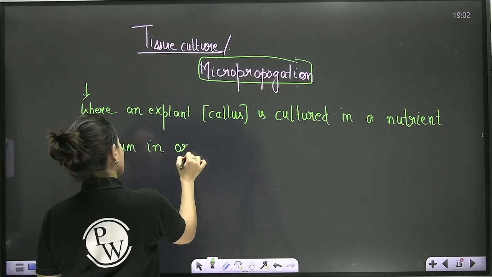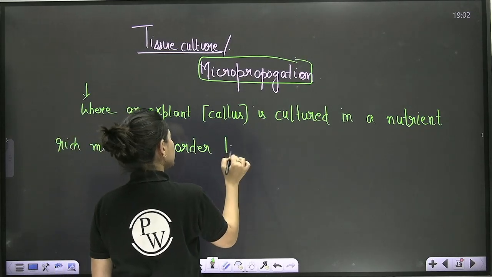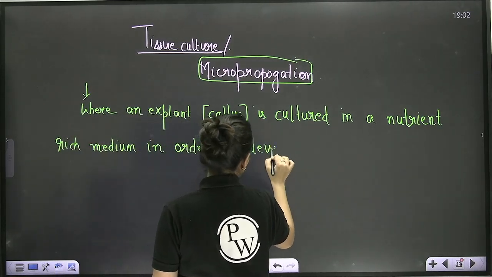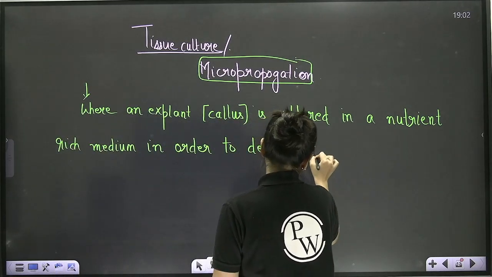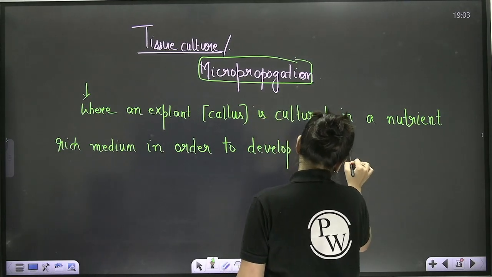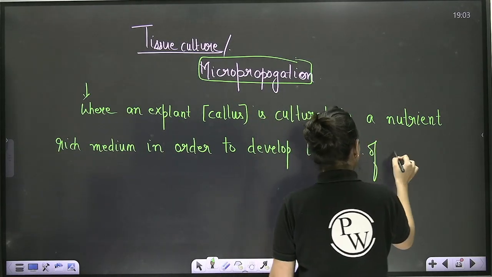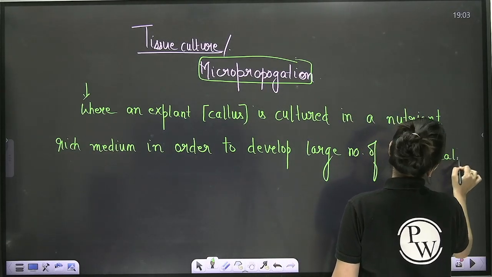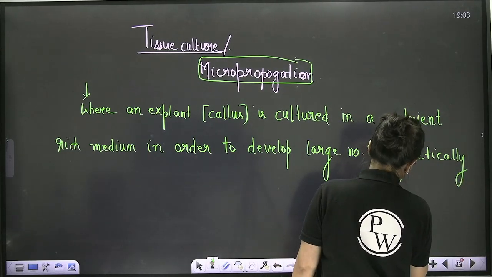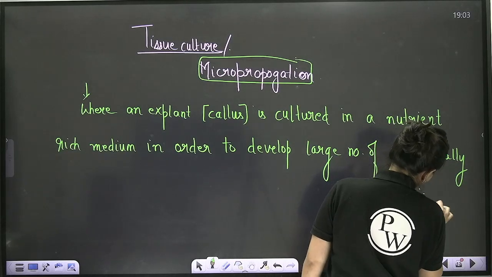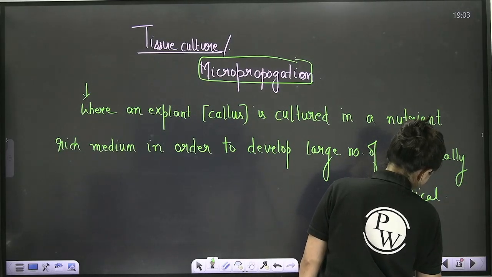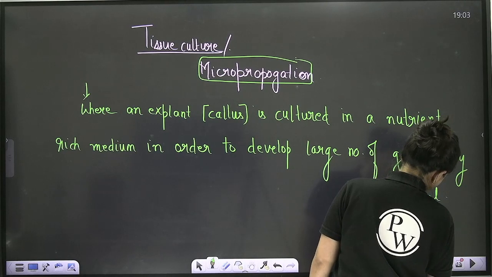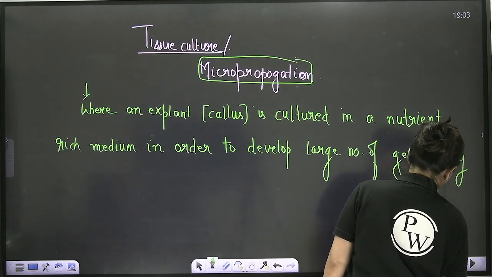Basically, beta, in order to develop a large number of genetically identical good quality offsprings, clones, right?